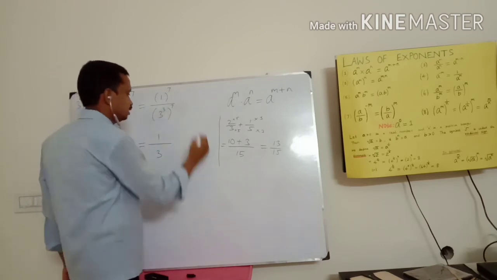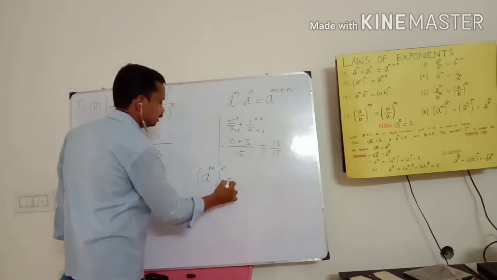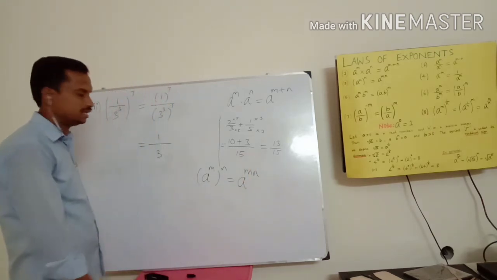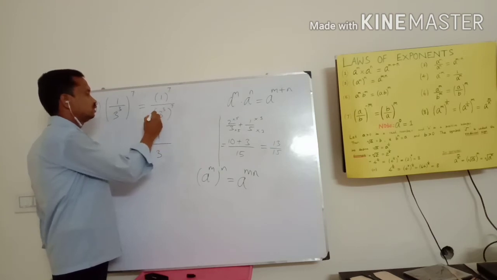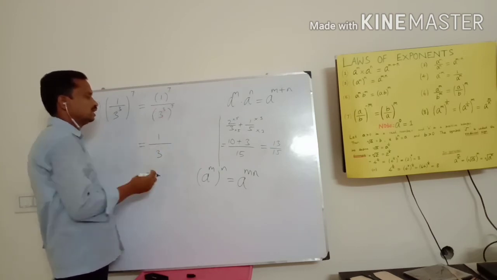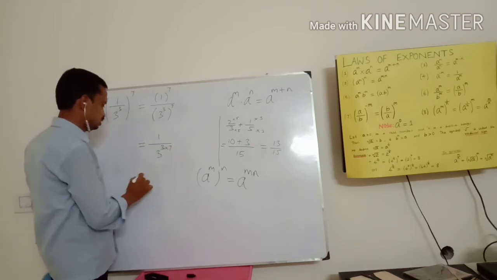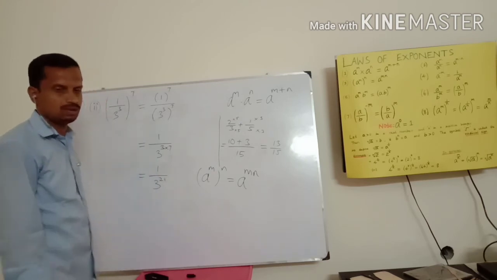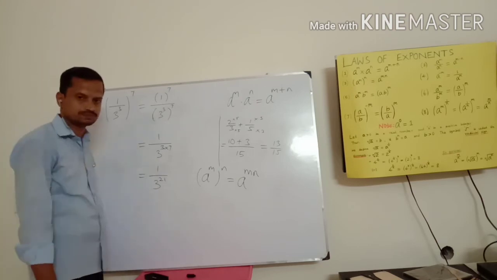So it is nothing but a power m whole power n is nothing but a power mn. That law you have to apply here. So 3 cube whole to the power 7. So what will come? 3 into 7. You can write this, and here we get 1 by 3 power 21. So that is the answer.